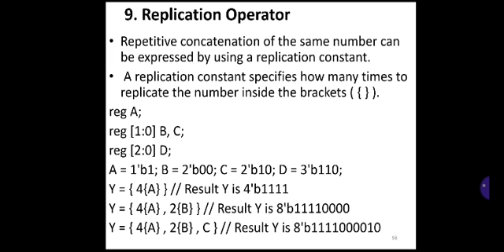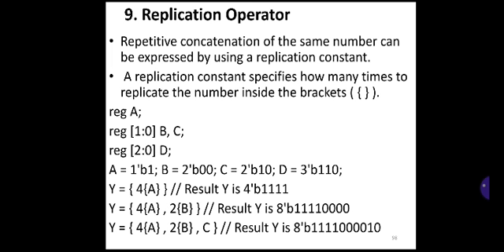Now the third example, Y is equal to 4 times A comma 2 times B comma C. C is only one time. Now the size of A is 4, size of B is 2, and size of C is also 2.